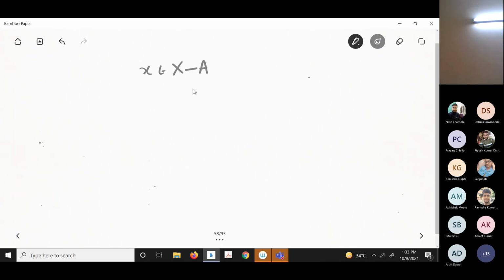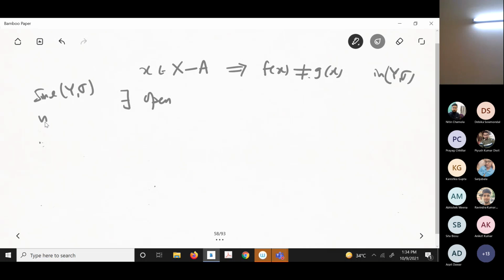Look, x belongs to X minus A, by the definition of A, implies f(x) is not equal to g(x), because A is those points where they are equal. But these are in Y sigma, and Y sigma is Hausdorff. So there exist open sets V1 and V2 in Y sigma. I am also giving a meaningful application: where do you really need Hausdorff?